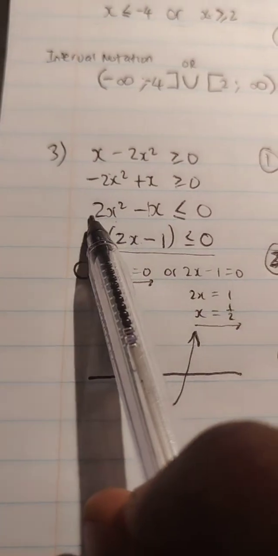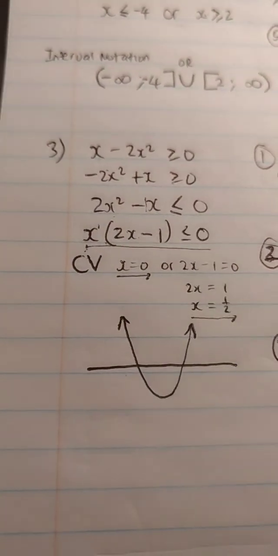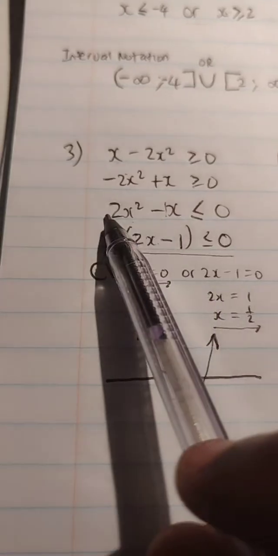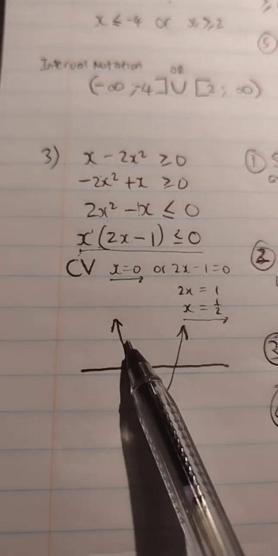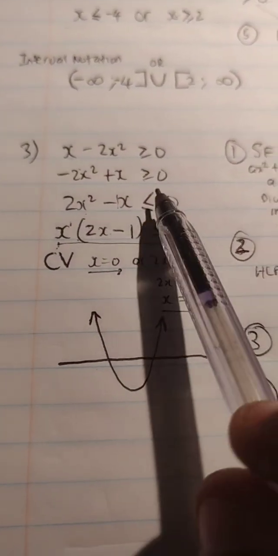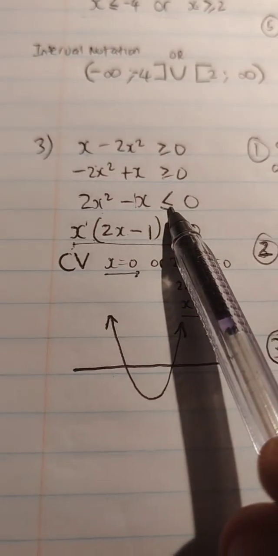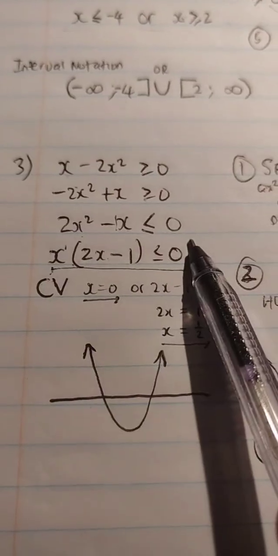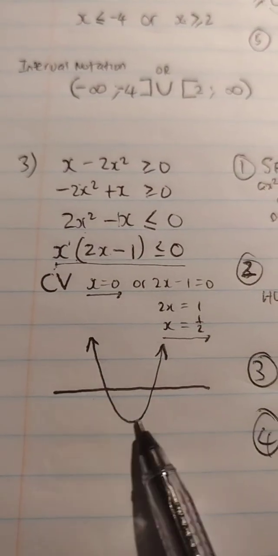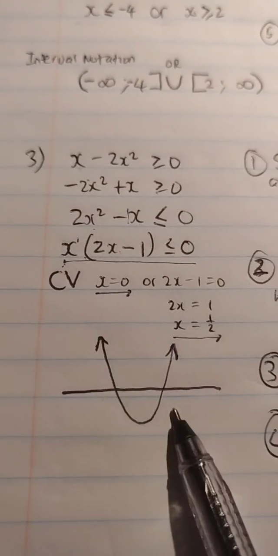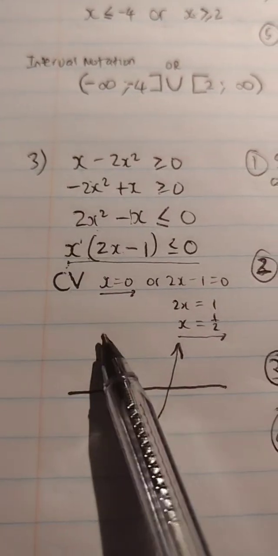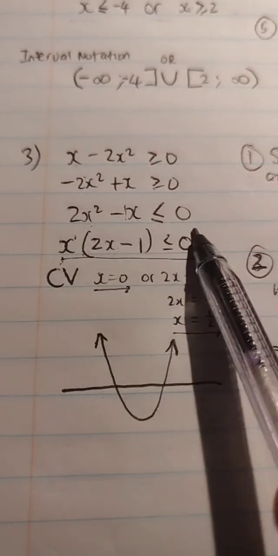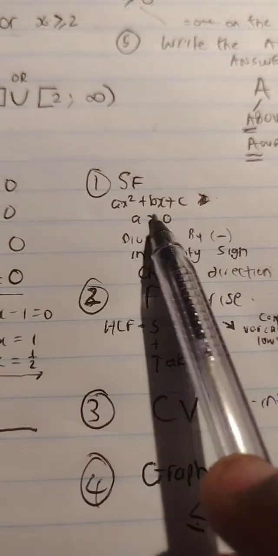Okay, I am looking at this stage, and I'm using this stage to interpret. Because here I went the extra mile and got the a to be positive. So where the a is positive for the concave up graph, I am looking at this inequality, not at the original. No. I'm looking at this inequality because I've drawn my concave up graph. So because I've drawn a concave up graph, it aligns with this standard form where a is positive.